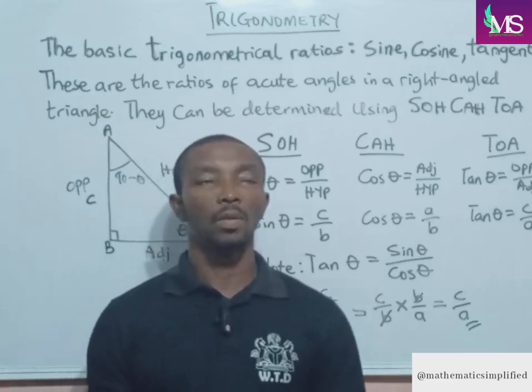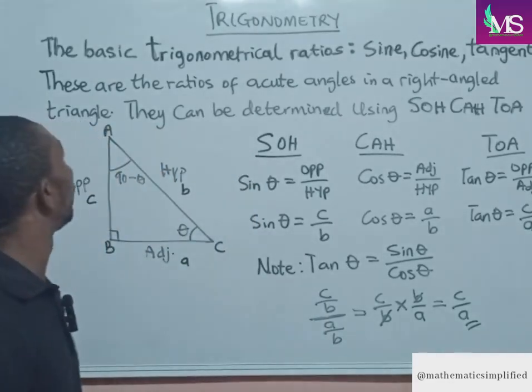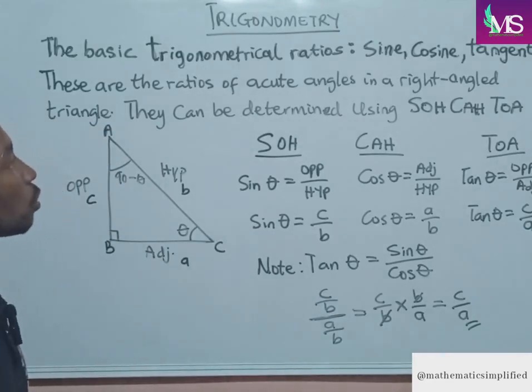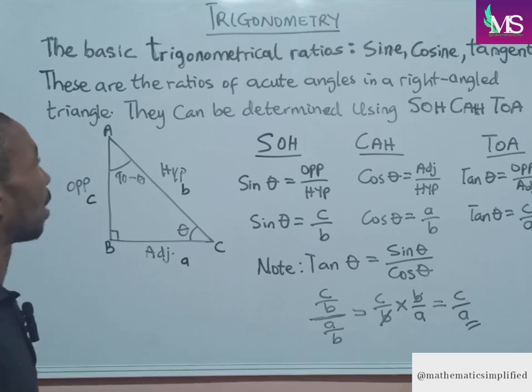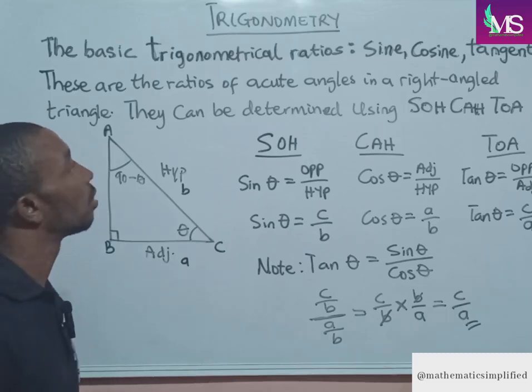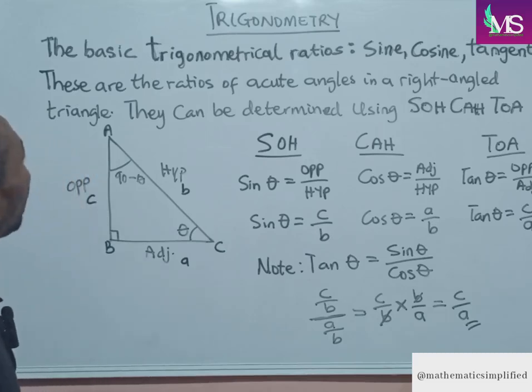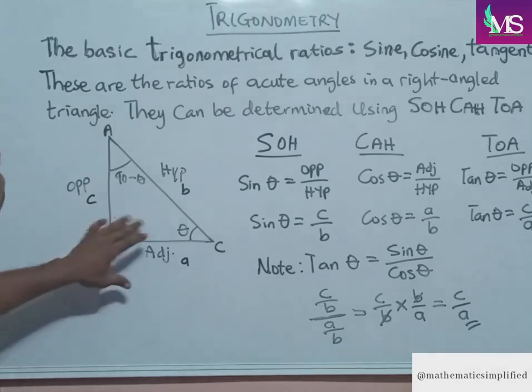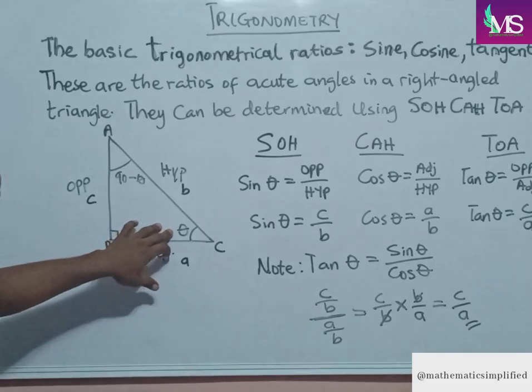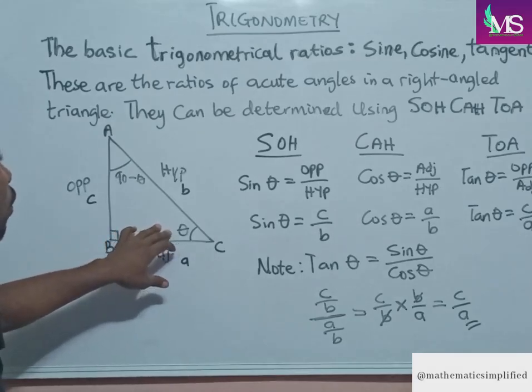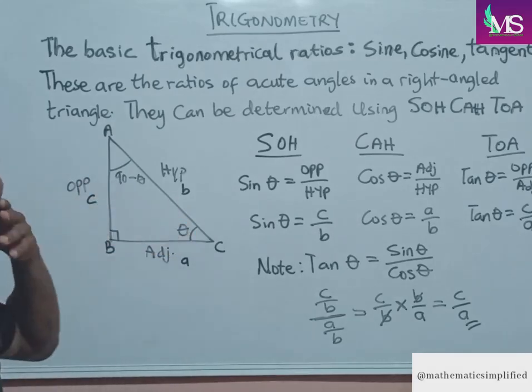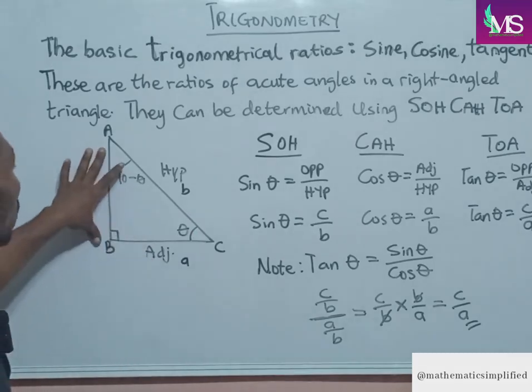Welcome back. Now, our basic trigonometrical ratios include our sine, cosine, and tangent. These are the ratios of the acute angle in a right angle triangle. Before you talk about sine, cosine, and tangent, we are basically going to look at a right angle triangle.